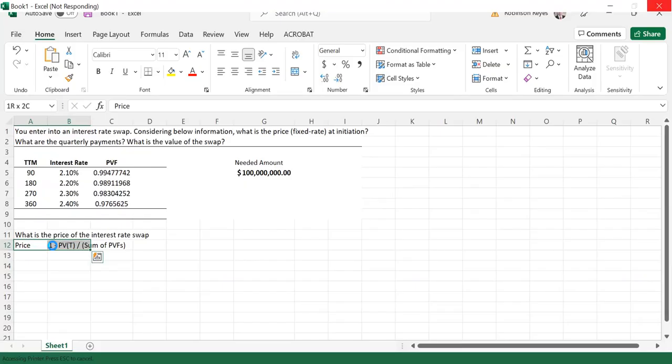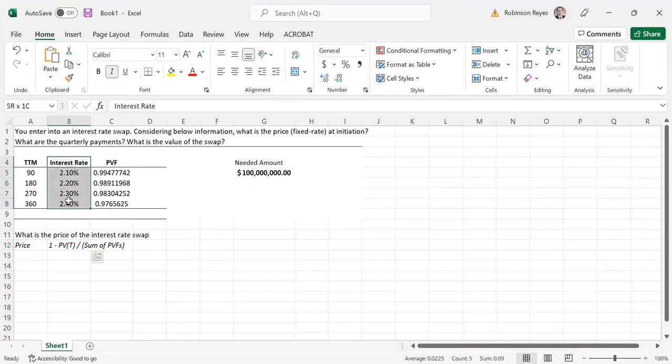We are first given these yields because we have these market interest rates. That's what we are being given here, and those rates may change over time. But given these rates, we will get this fixed price of the interest rate swap, and that fixed price will not change.